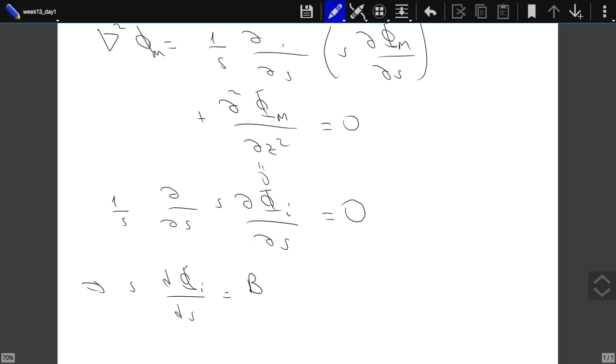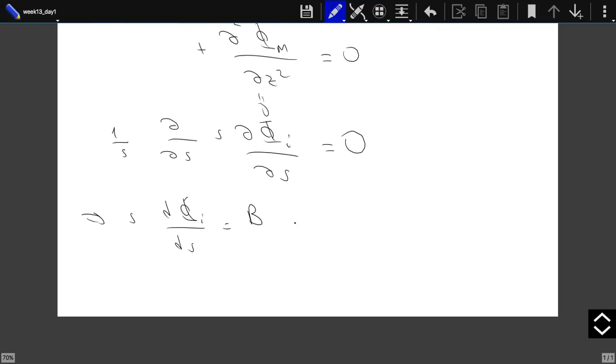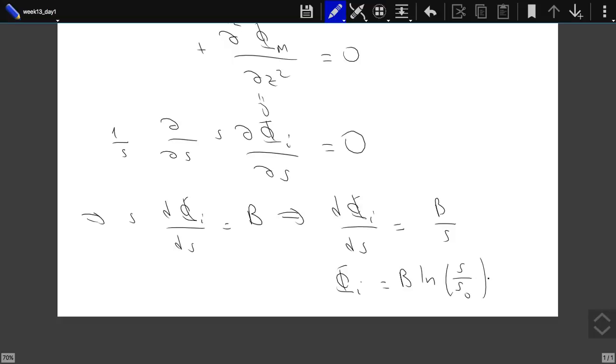Let's call it B. The derivative of phi_i with respect to S should be B over S, so these functions phi_i can be B times logarithm of S over S0 plus C. Just keep in mind S0 and C are not independent of each other.